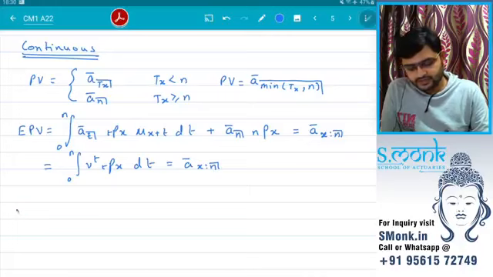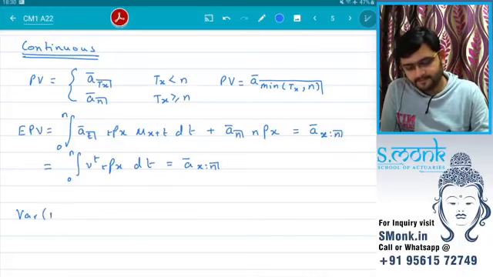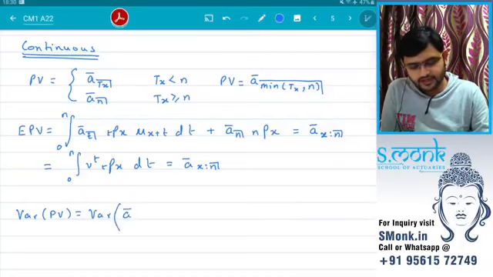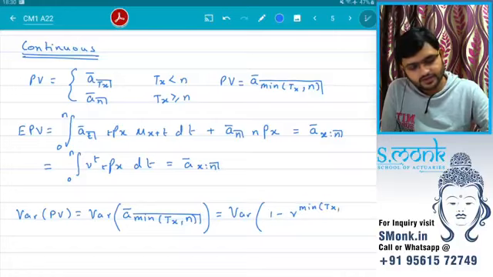What about variance? Variance of present value, so variance of A bar, minimum of Tx comma n. V raised to minimum of Tx comma n.